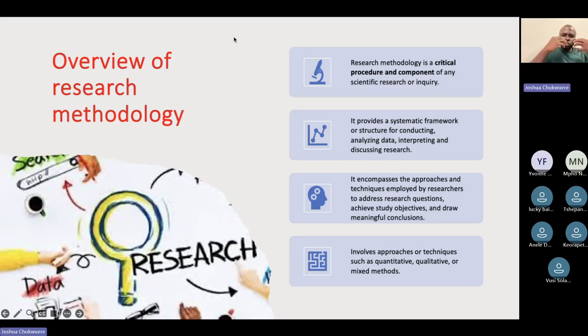It's not something that you just pick and drop. As soon as you apply the right research methodology, you end up getting the right result and achieving your research objective.